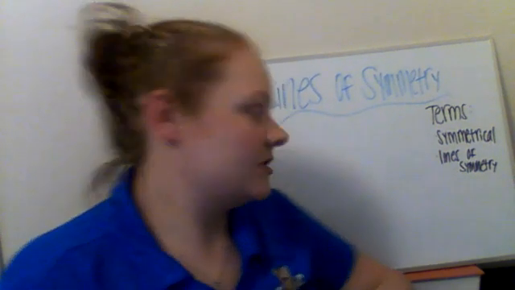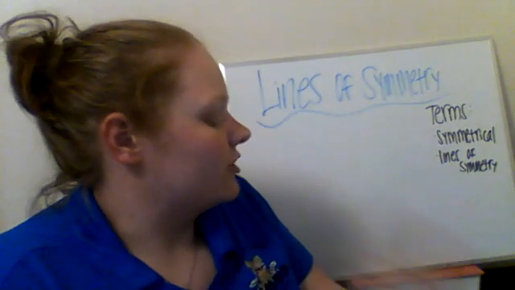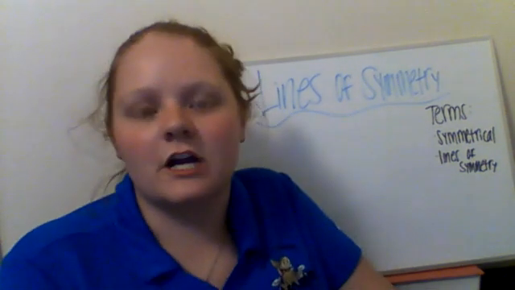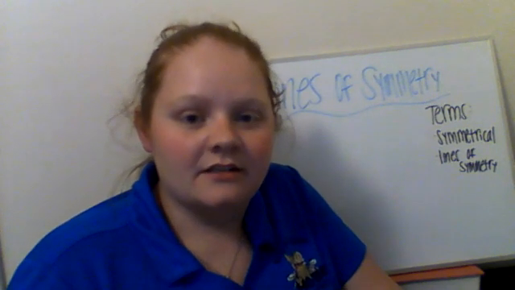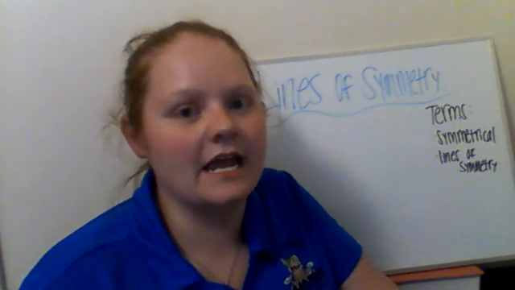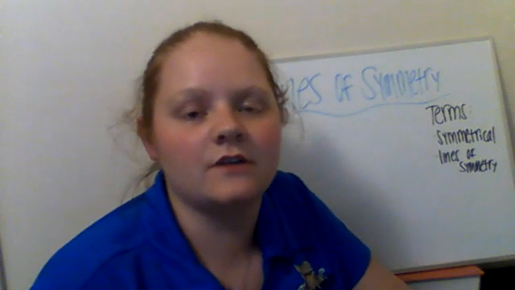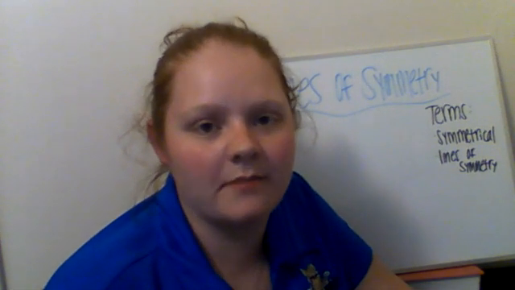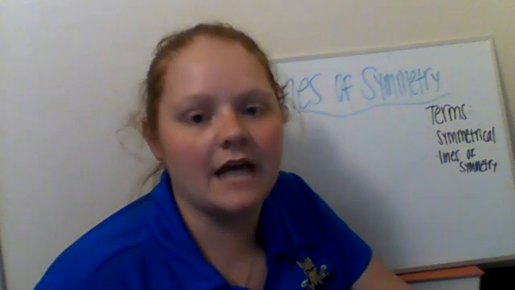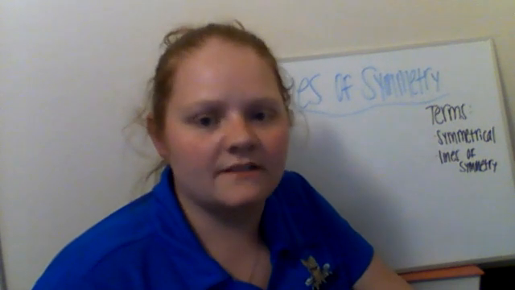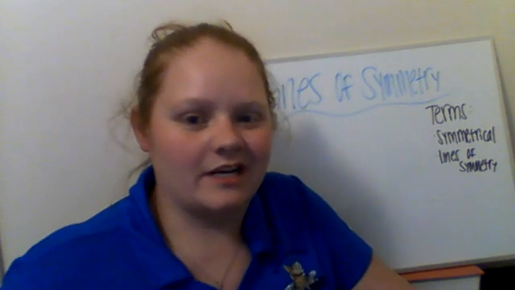Lines of symmetry, my second term up here, is a line where, if you drew it somewhere in an object or shape, both parts of that shape on either side of the line are going to be equal. That will make more sense when I get into an example.